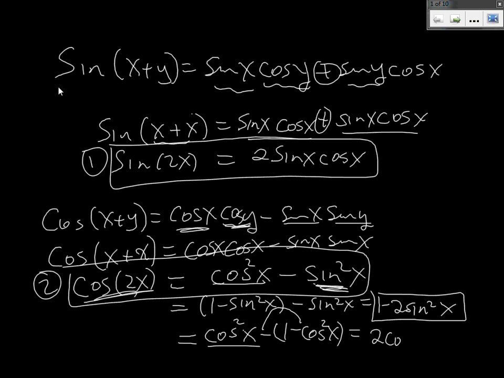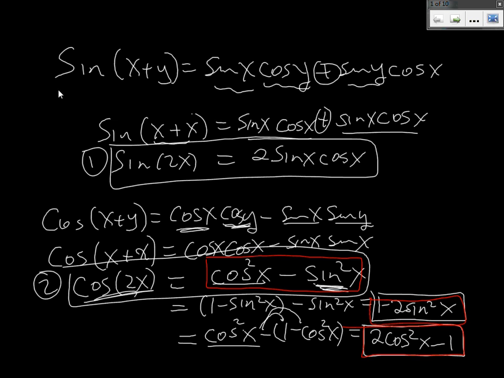Well, that's 2 cosine squared x, and don't forget to take away the 1. So we have 3 different ways of expressing the cosine of 2x. One of those 3, well, all of those 3 equals cosine of 2x. I know, we derived it.